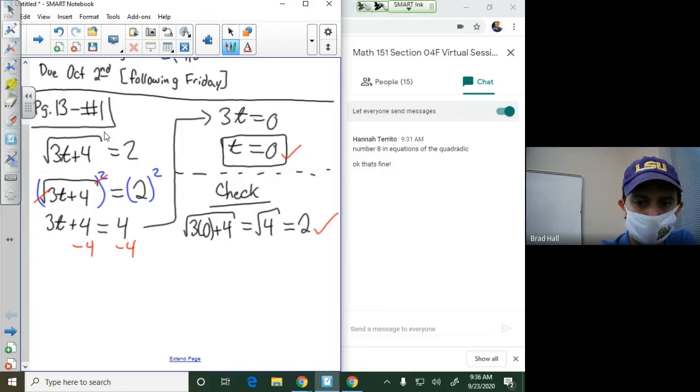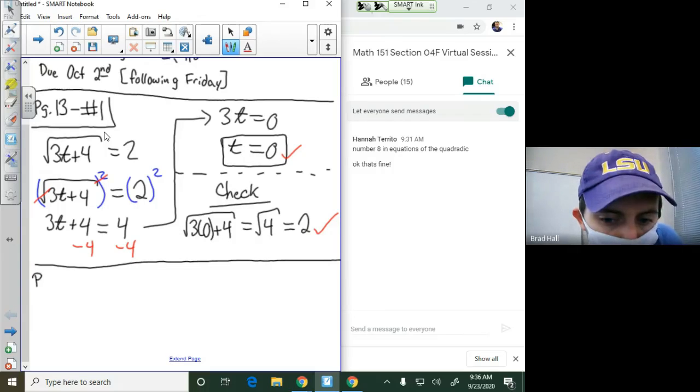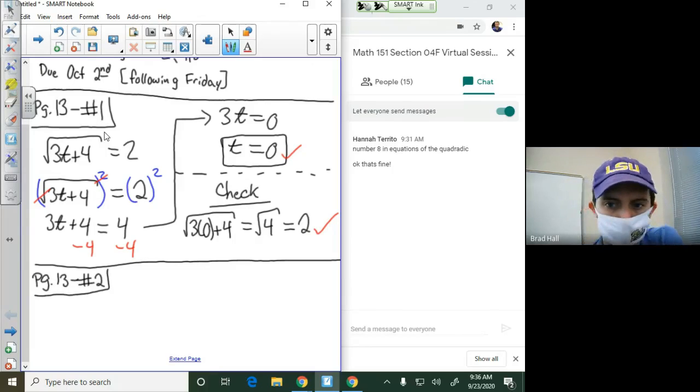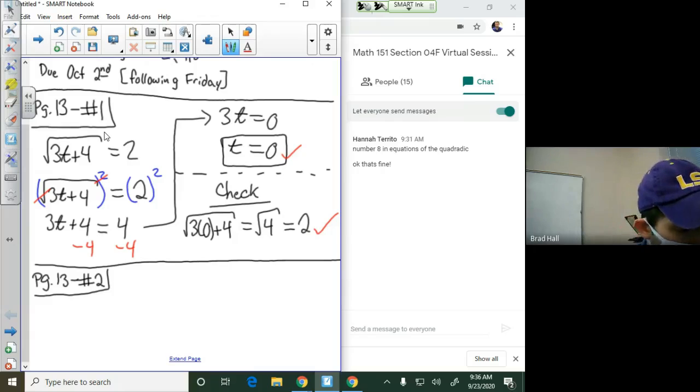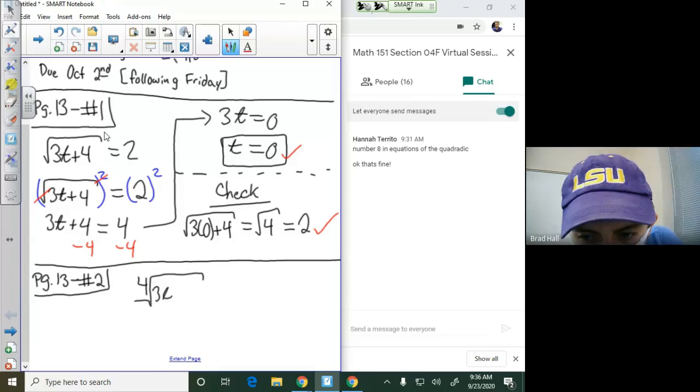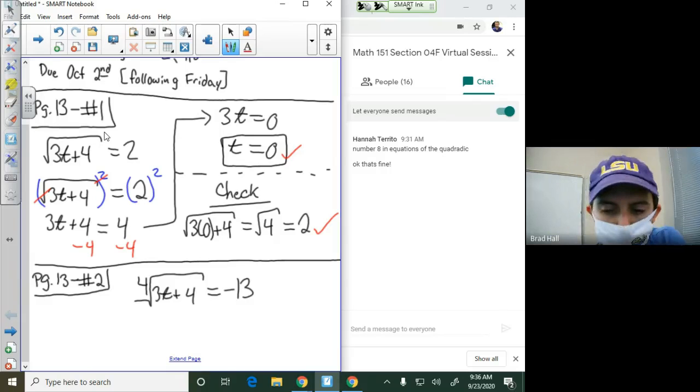The next workbook problem is number 2. And this now imposes a fourth root of 3t plus 4 is equal to negative 13. Now, there's something you may notice about this problem in the very beginning that makes this problem actually very easy.